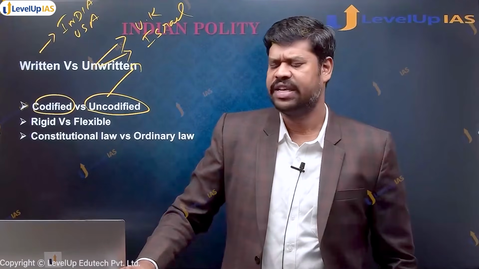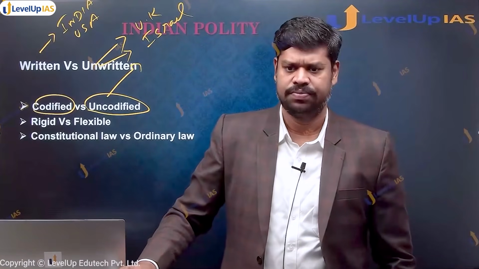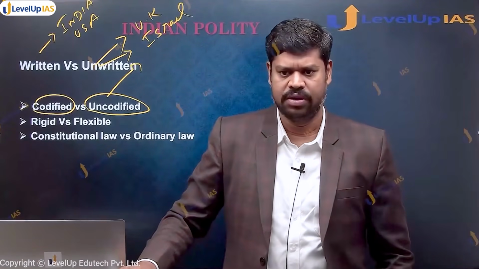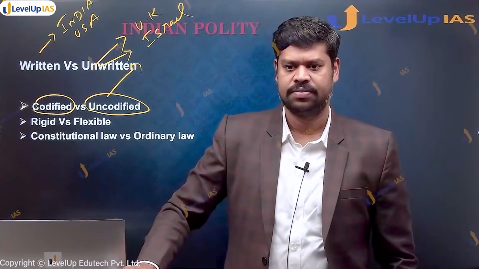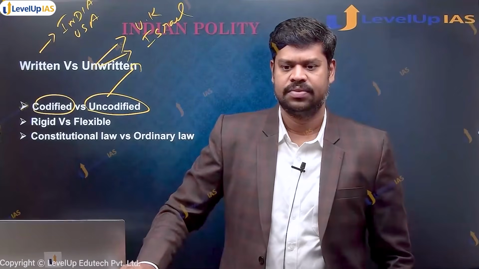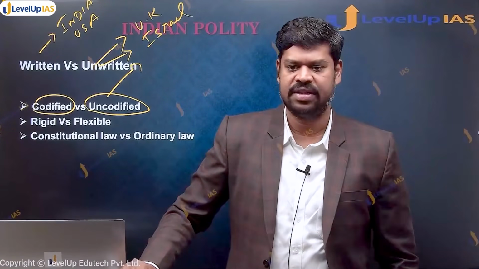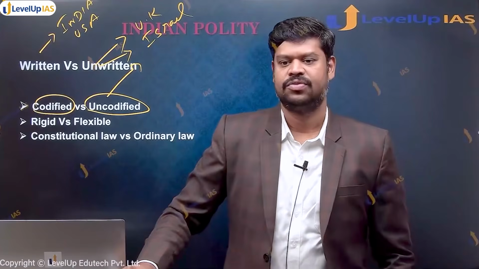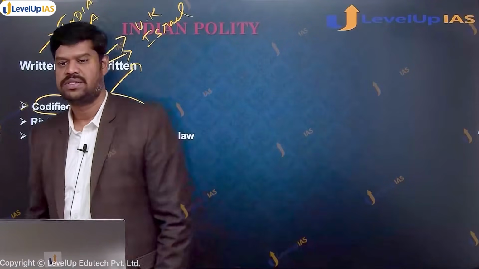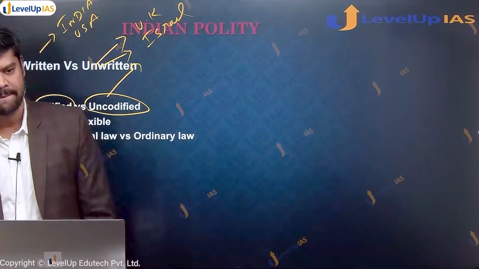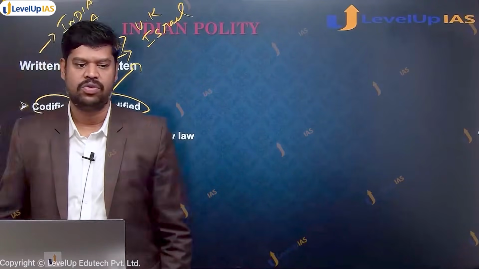Or can we say that codified means it is written down, probably into a single document, and uncodified means it is not written down? Is that true? Can we say it like that?